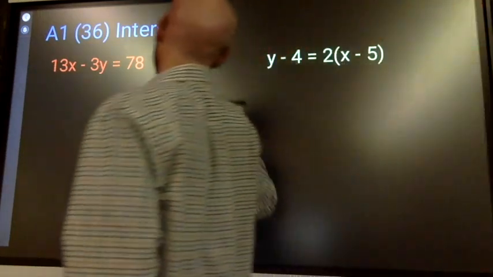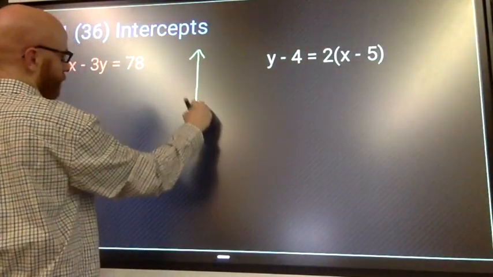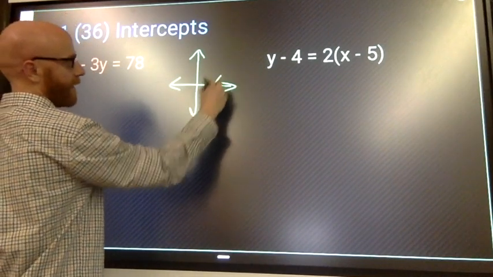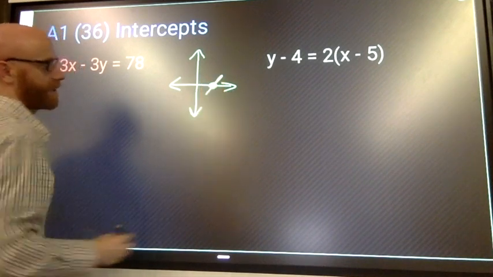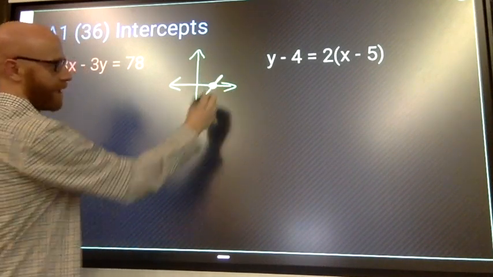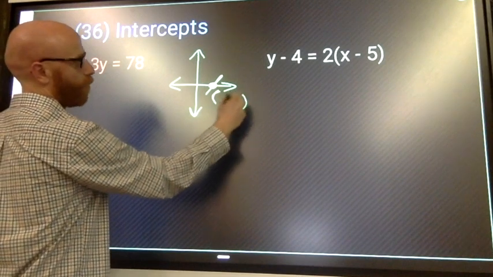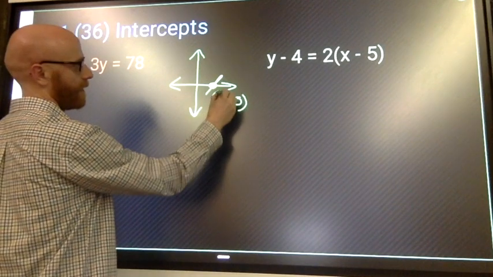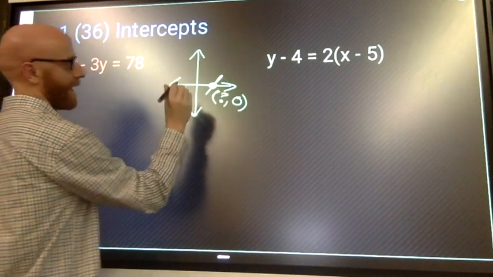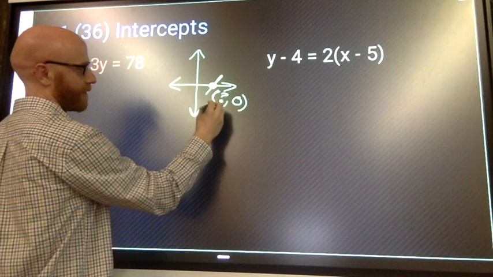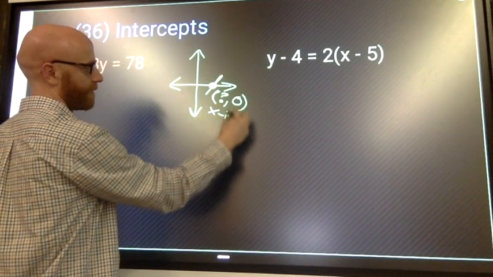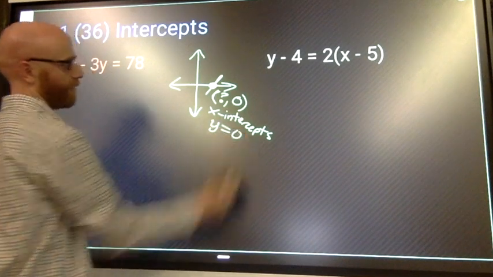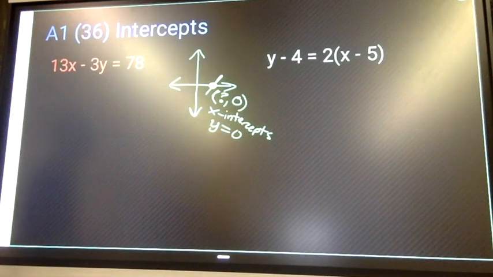If you think back to graphing, when I'm crossing the x-axis, when I have an x-intercept, my y value is 0. So for x-intercepts, y equals 0. X has a value, y equals 0.